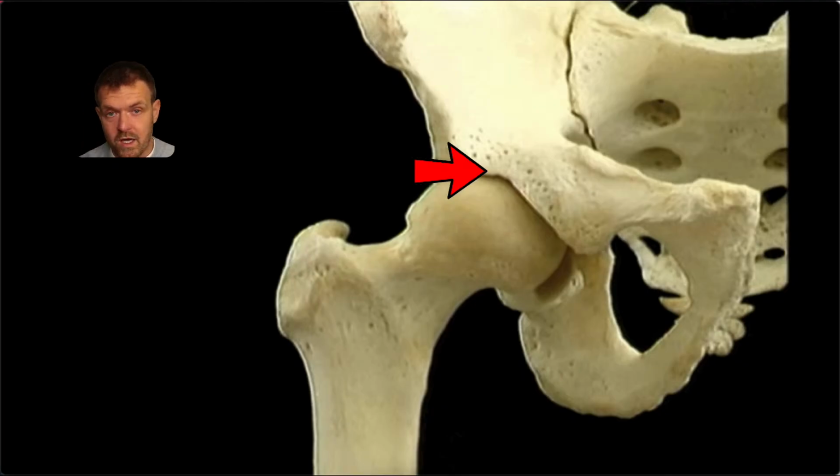Now, most people will have those changes. Most people will have cam or pincer asymptomatic, no problem at all. Sometimes they get quite big and they can be an issue. Sometimes it just gets irritated, so it's a bit of inflammation there, and then you have a scan, you see those changes, and that's the reason for the changes.